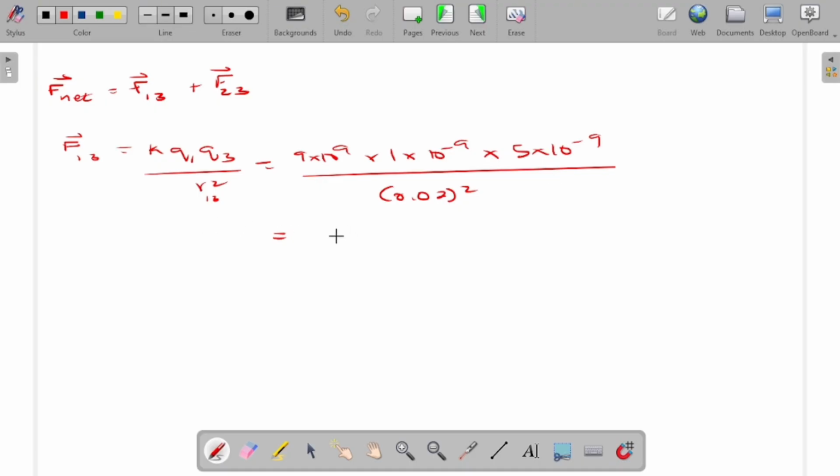So what do we get? Uh, 1.13 times 10 to the power -4.